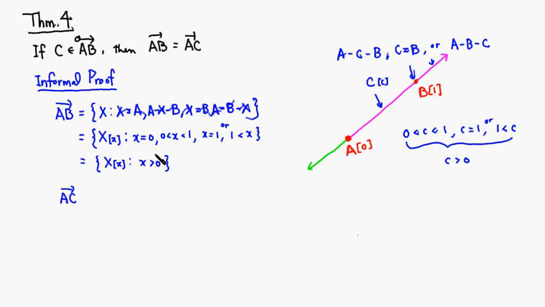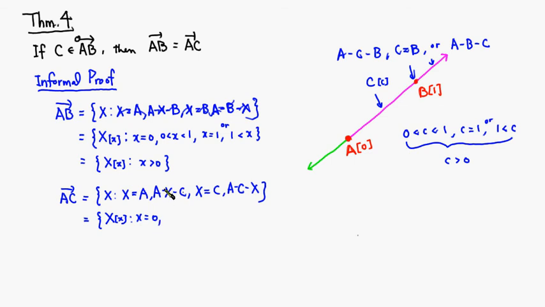How about ray AC? By definition, a ray is a collection of points x such that either x equals A, or x is between A and C, or x equals C, or C is between A and x. Described in terms of coordinates: x equals A, so x is equal to 0.